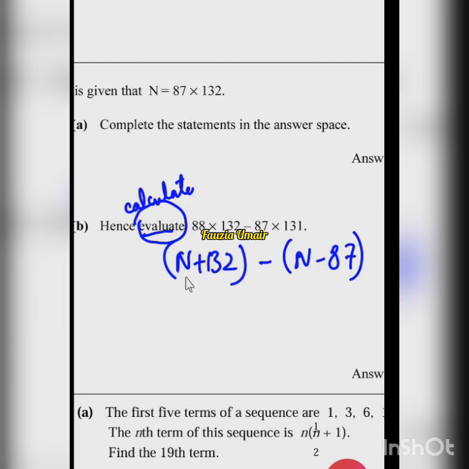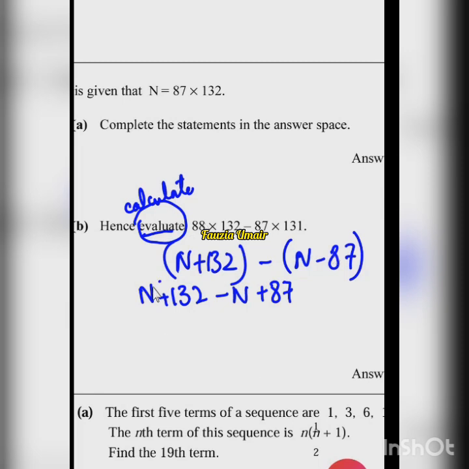ठीक है. अब 88 into 132 मैंने फर्स्ट पार्ट में कैलकुलेट किया है, इसके बराबर है, और 87 into 131 इसके बराबर. अब मैं सिंपल ब्रैकेट्स ओपन करूं तो n plus 132 minus n plus 87. Because of this negative sign, both signs will be changed.